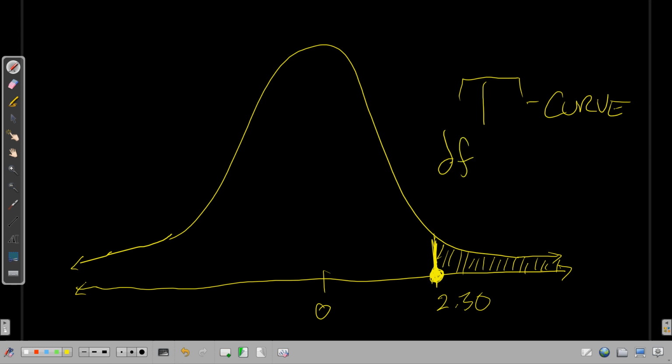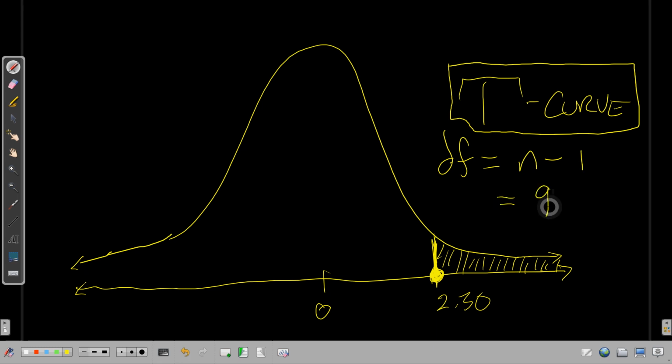We have to compute the degrees of freedom, but that's easy to compute. Here it's just n minus 1. So we'll use a degrees of freedom of 99.